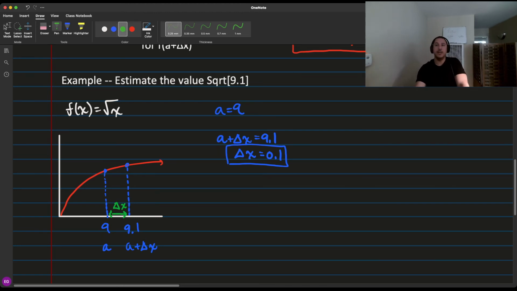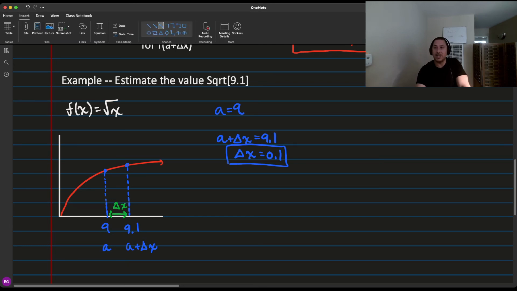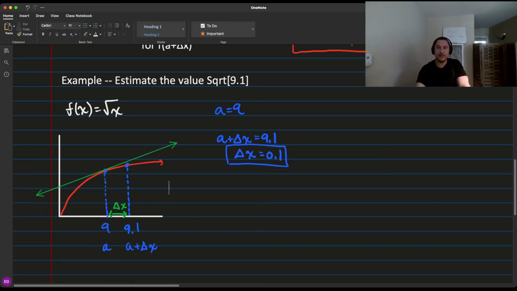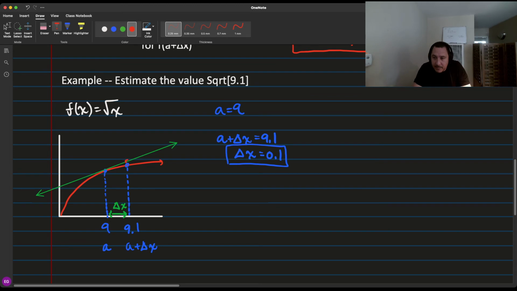So what are we going to do? We are going to find the tangent line at 9. Here's your tangent line at 9. You can see in the graph that the tangent line at 9.1 is very close to the square root at 9.1, so those y values are going to agree.